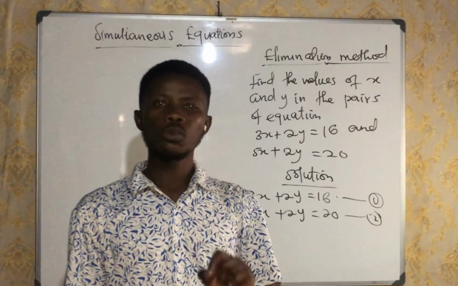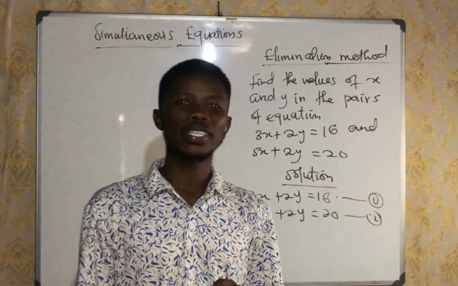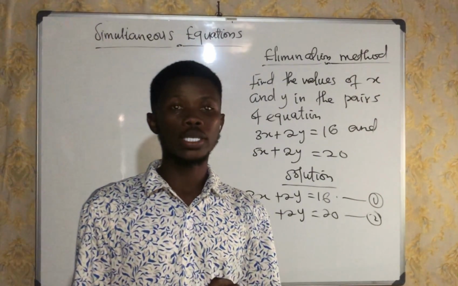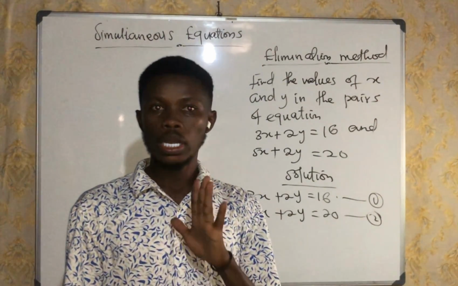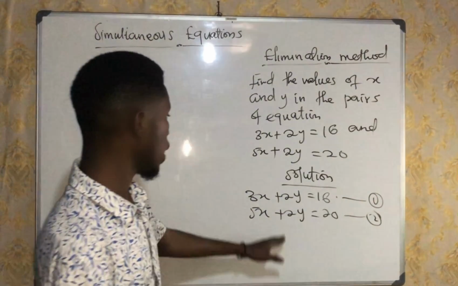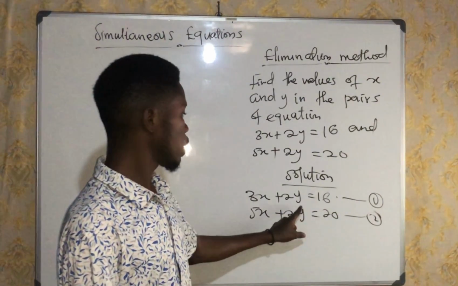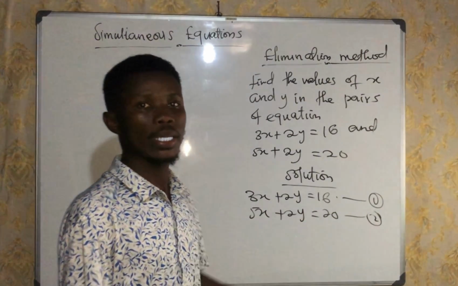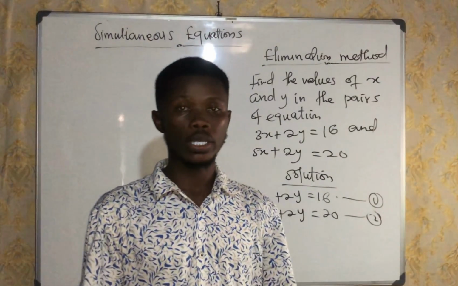Now, the rule here is that you want to use the elimination method. For you to be able to use the elimination method, you have to make sure that one of the variables has the same coefficient. If you look at this and that, this is 3x, this is 5x. This is 2y, this is 2y. You can see that the y has the same coefficient.